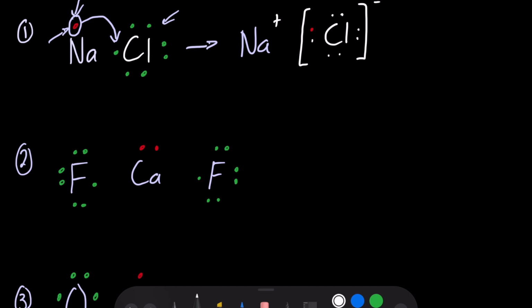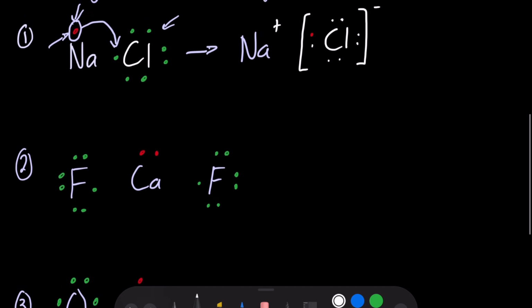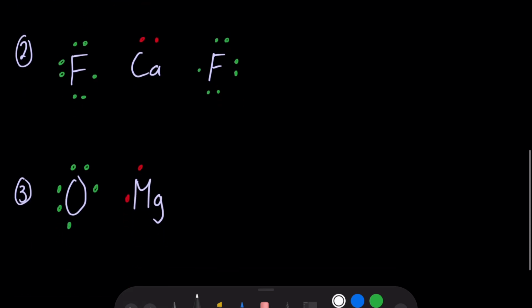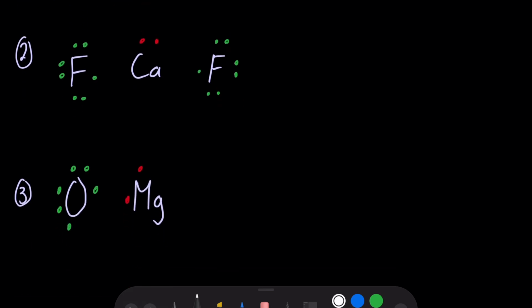All right. So it doesn't have to be just two atoms. Ionic bonds can happen between 3 or more atoms as well, or ions, sorry. So let's take a look at when we have 2 fluorines and 1 calcium.